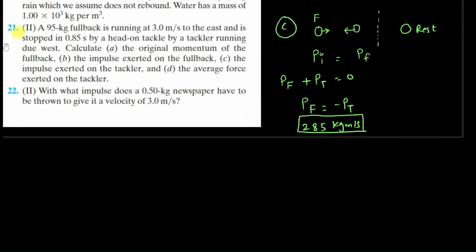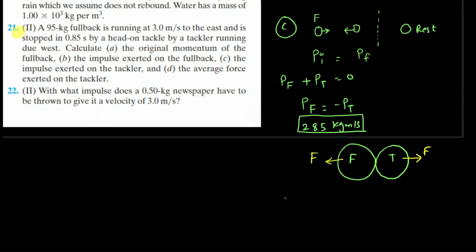Another way is pretty straightforward. When these two collide, the fullback exerts a force on the tackler towards the right, and the tackler exerts an equal and opposite force on the fullback towards the left.